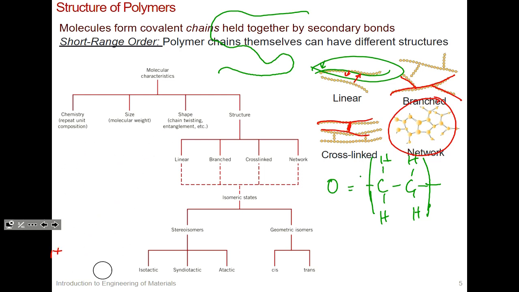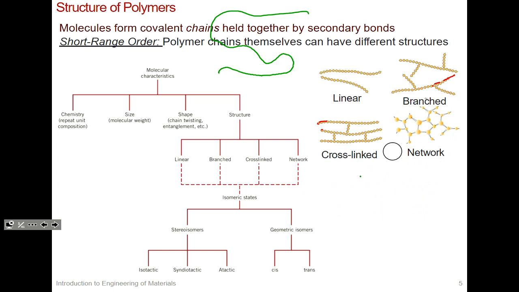Most people don't write it like this because it's ridiculous and it takes a long time, as you can tell based on how long it takes me to write all this out. So the representation you've seen in your book as well looks something like this, more representative of what you've seen in the previous slide. So that's the representation here and here and here and here. These are the MERs that are bonded together covalently.